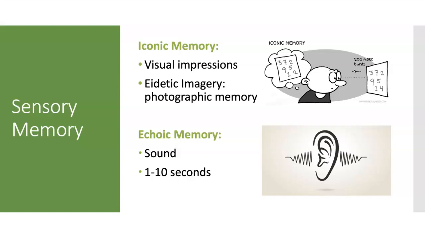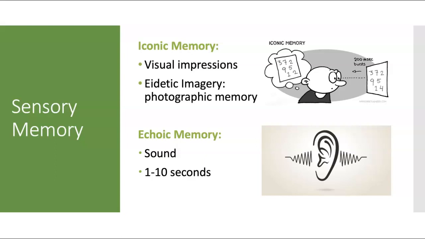Now, you may have heard of photographic memory, which the technical term for this is eidetic imagery. It is not quite what you see in the movies. In the movies, they make it seem like this is a photographic memory for long-term memory, but really it's just for these iconic memories.